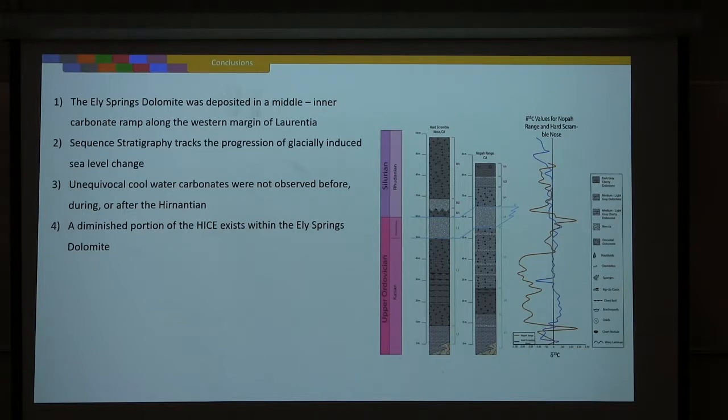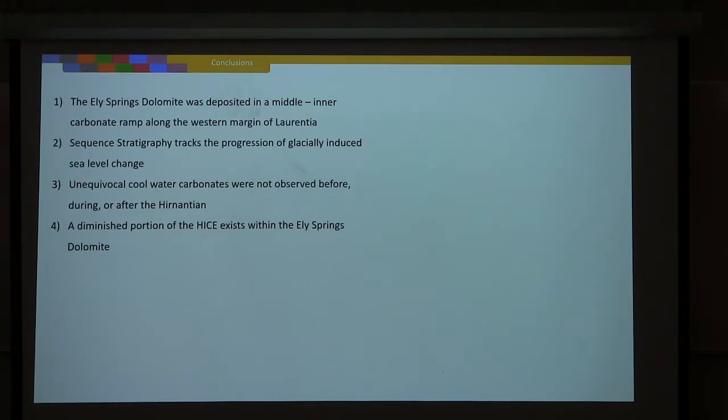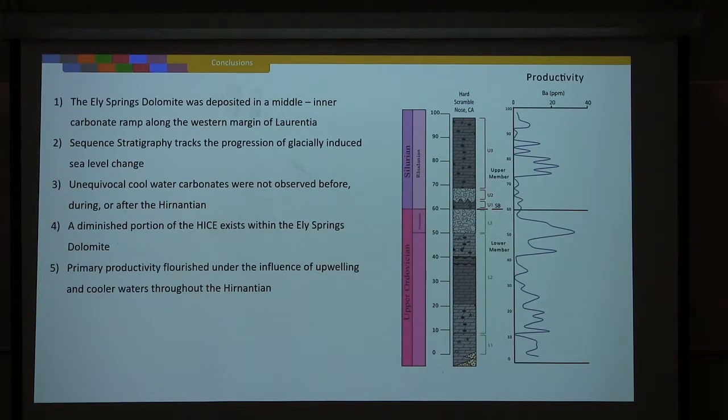We also see a diminished portion of the Hirnantian isotopic carbon excursion within the Ely Springs dolomite, and we've probably lost some of those more enriched values to non-deposition or erosion. We also see increased primary productivity under the influence of upwelling during the apex of glaciation here at the base of the Hirnantian.